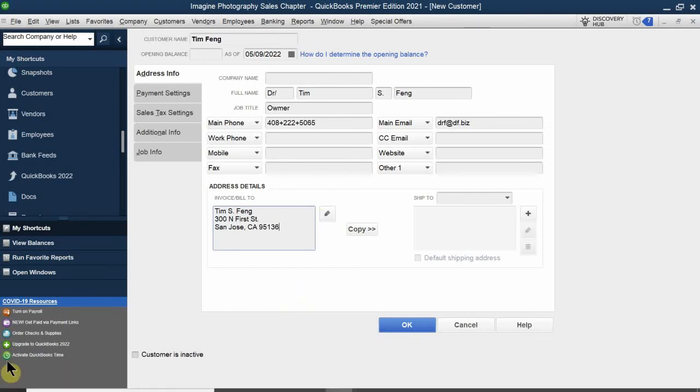So in this case, now the question is, how are we going to ship things to Tim S. Fang, right? Again, shipping address for a customer. There could be multiple shipping addresses. So as you can see here, the ship to, you have a drop-down menu. Because for instance, you can purchase gifts and ship them to other people.